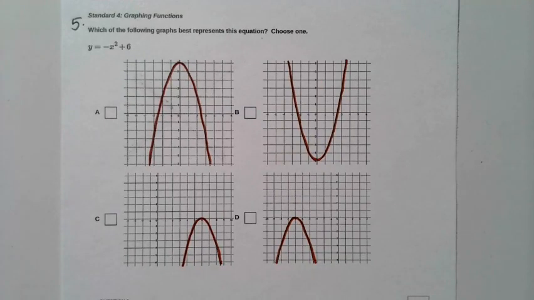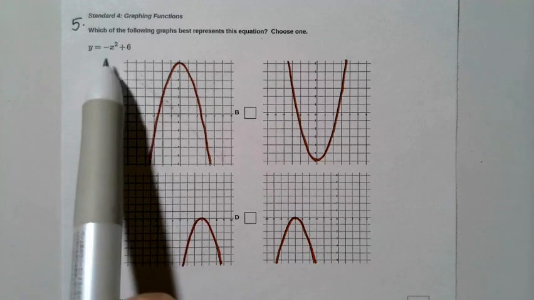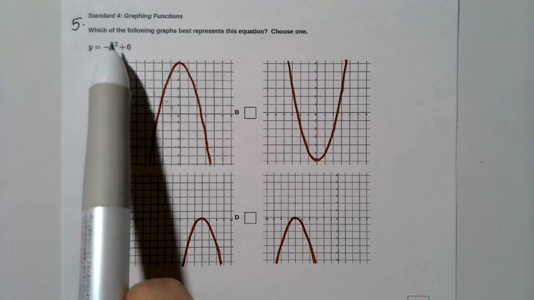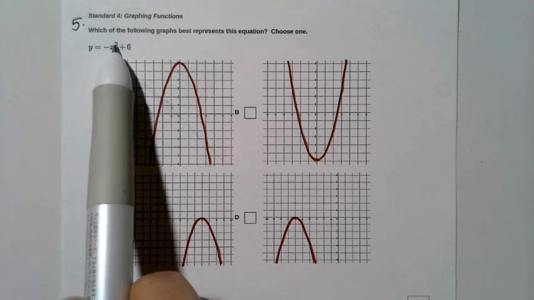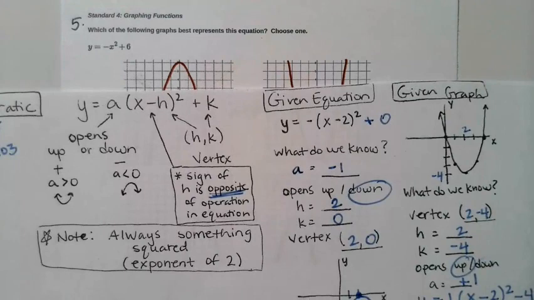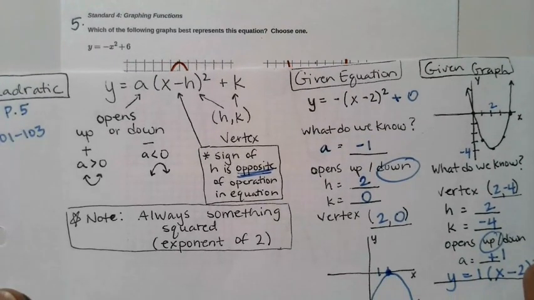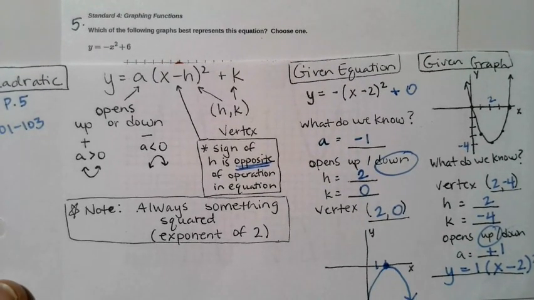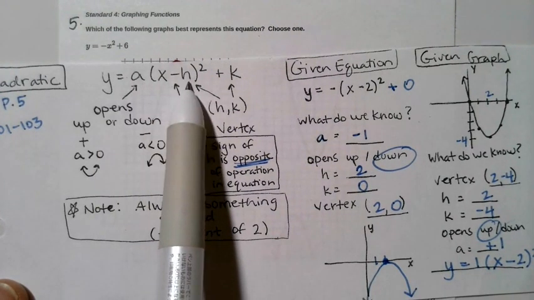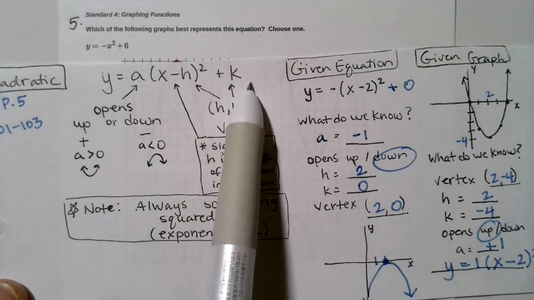Next, we're going to look at the next question in our test that had a quadratic. Again, I know this is quadratic because I see that squared. I want to refer back to my one-page summary and look at what I know about quadratics here. I'm going to match this up with my equation y = a(x − h)² + k.